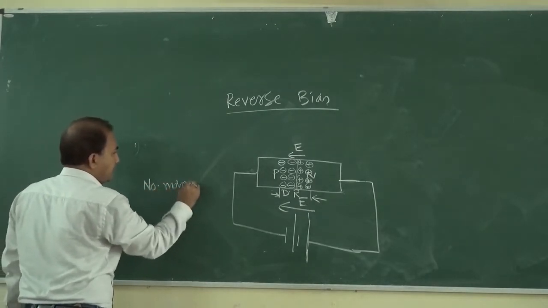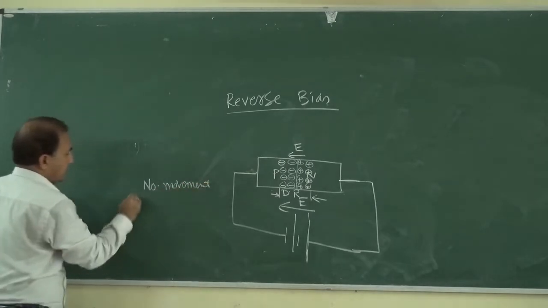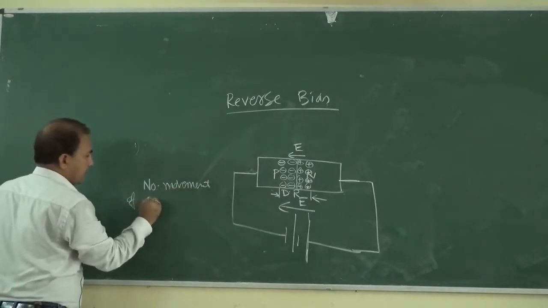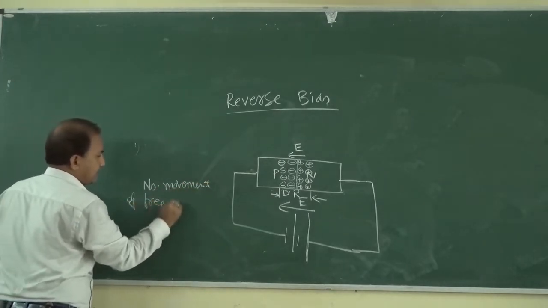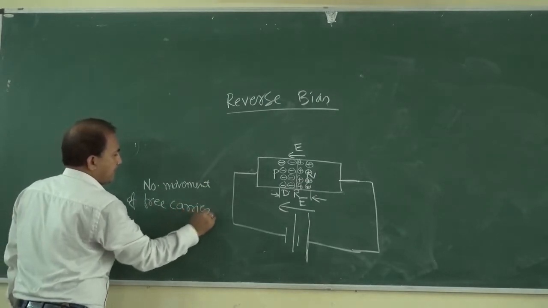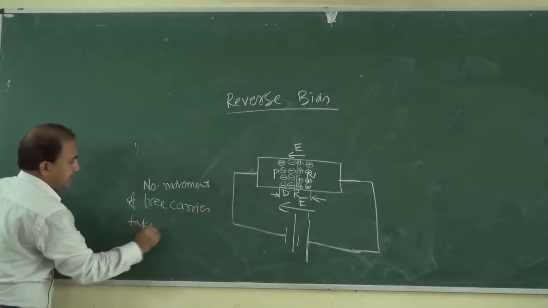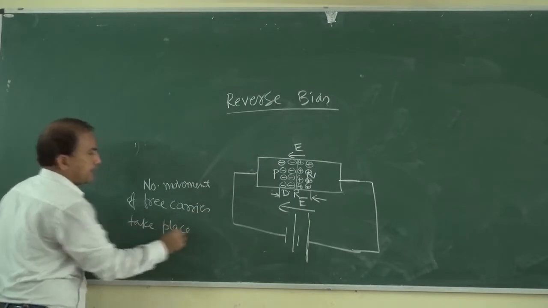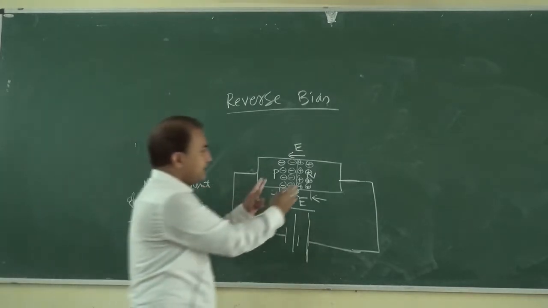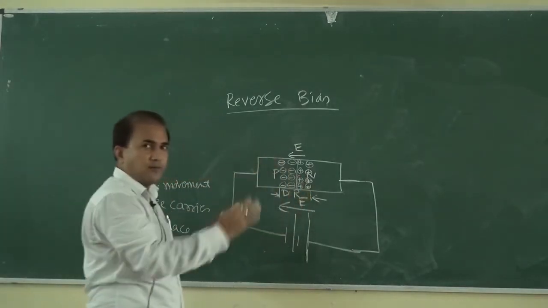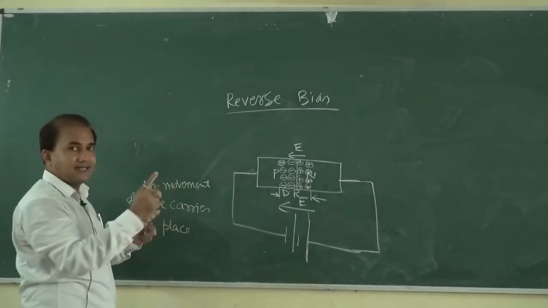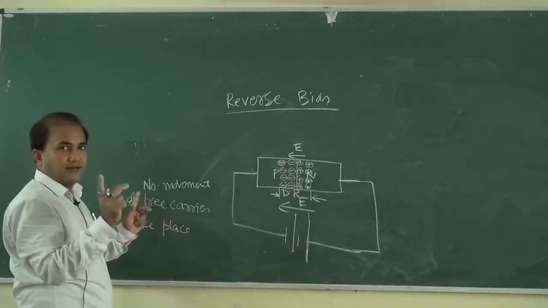So with the increase in depletion region, no movement of free carriers takes place, because the depth of the depletion region is too much, so the free carriers cannot move freely.